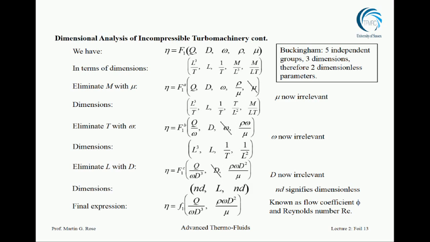Any idea why? Anyone else? Is it dimensionless? I've told you it's dimensionless. It's because that's the kinematic. Normally we use kinematic viscosity. We have rho over mu, so you could replace rho over mu by nu, the kinematic viscosity, but that doesn't really change anything here.